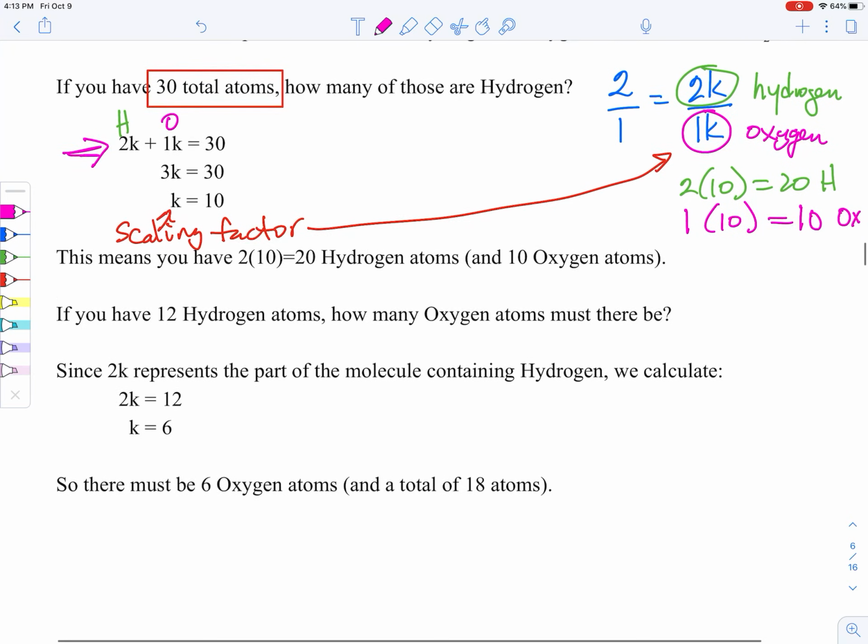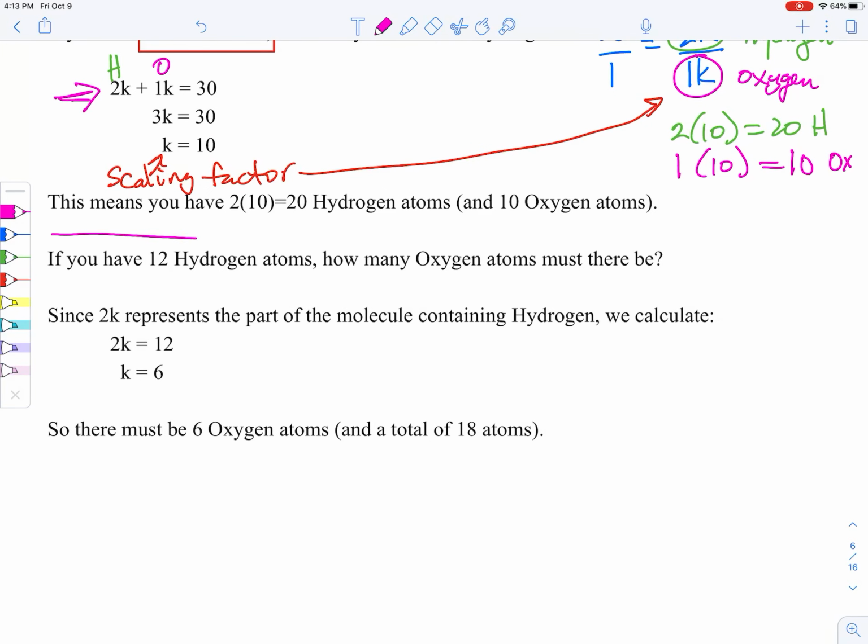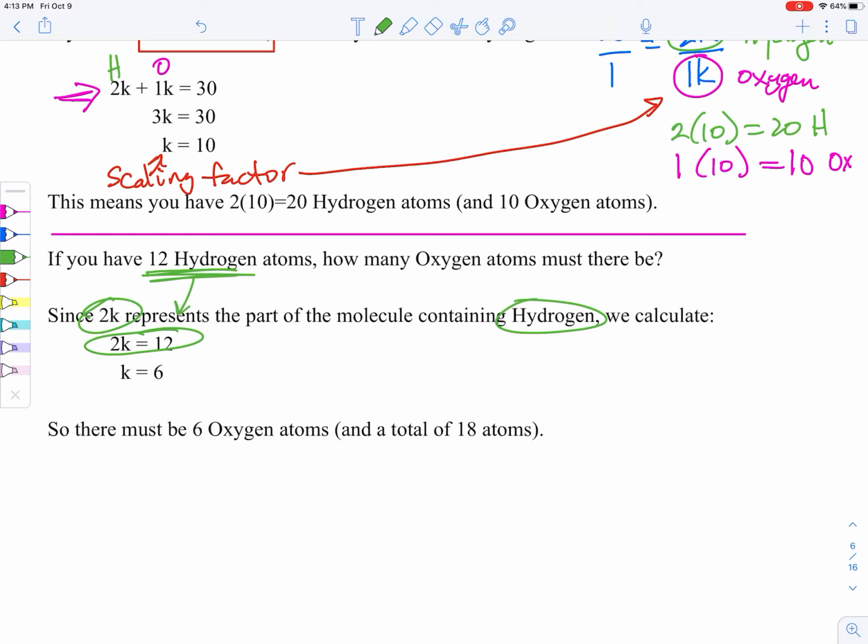Here's another one that starts from a different point of view. So new point of view, but still H2O. If I tell you that we have 12 hydrogen atoms and I ask you how many oxygen atoms there must be, since 2K represented the hydrogen, I can write 2K equals 12, right? Because 12 hydrogen.